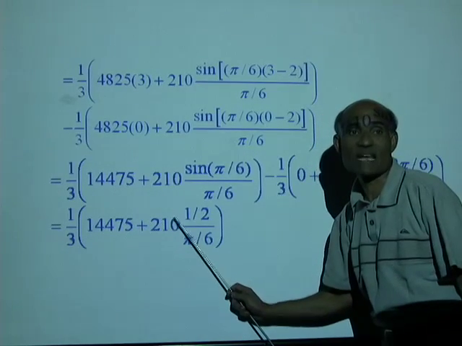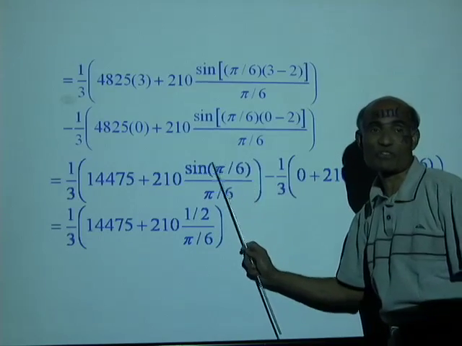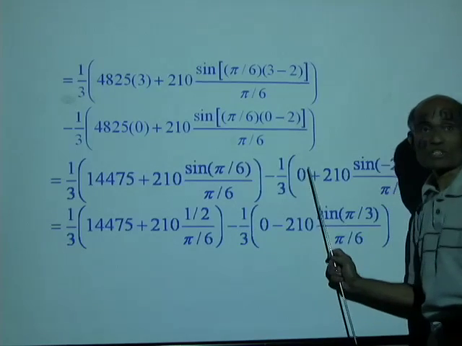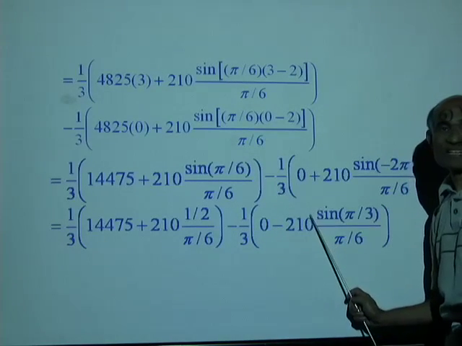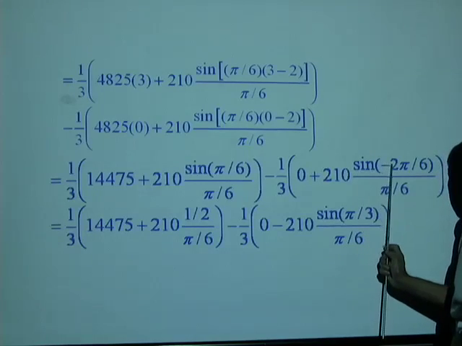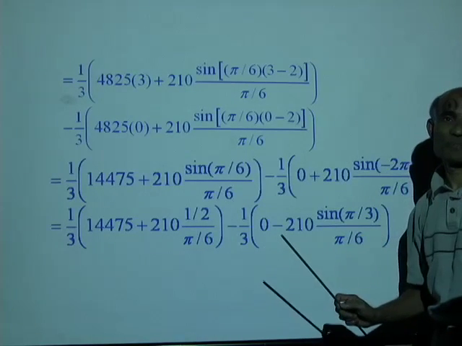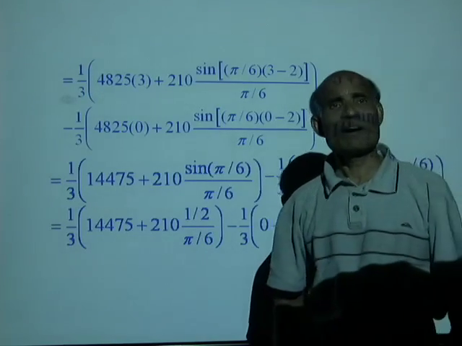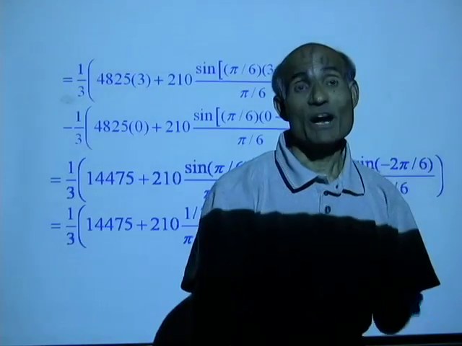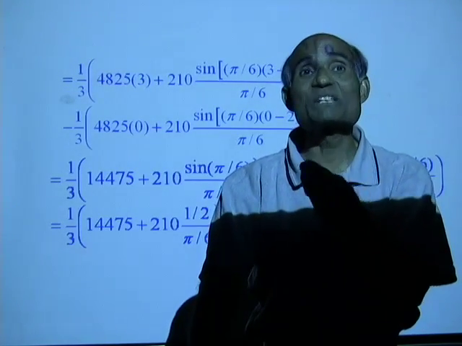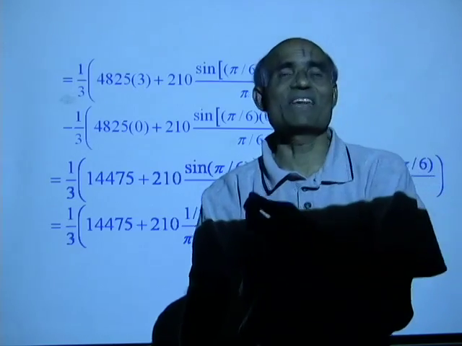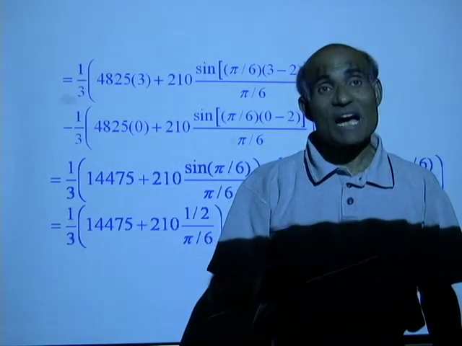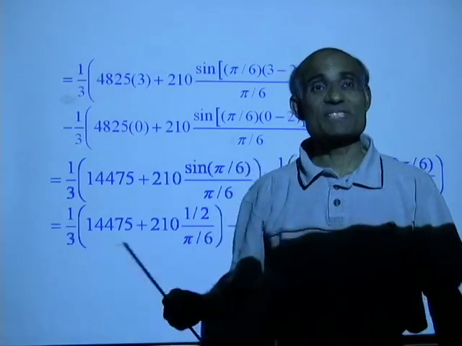All right, so this will be 1/3 of 14,475 plus 210 times sine of pi by 6, which is 1/2, divided by pi by 6, minus 1/3 times 0, minus. Now, sine of negative 2 pi by 6 is the same as negative sine of pi by 3. How is that possible? Recall that sine of negative x is negative sine x. You must know those simple identities. Sine of negative theta is negative sine theta.